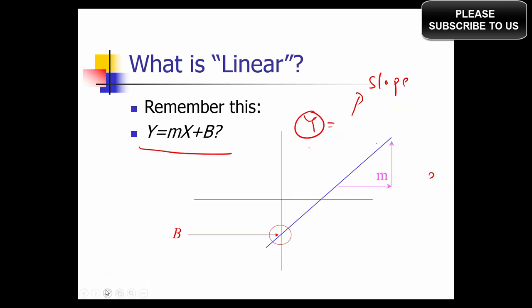So here is an xy plane, and we have y and x. This is the x-axis, this is the y-axis, and there may be several data points and we want to fit a regression. The purpose of regression is to generalize a pattern in the data that explains the relationship between y and x.